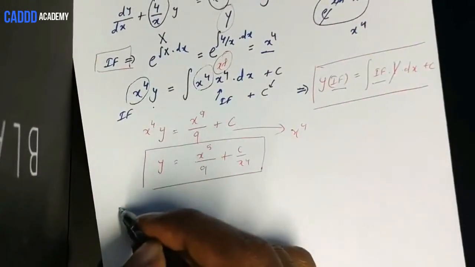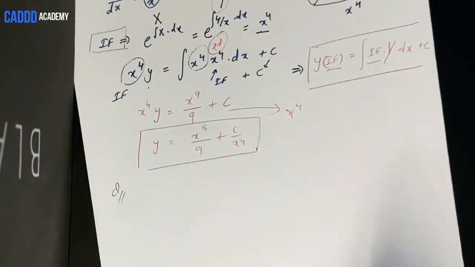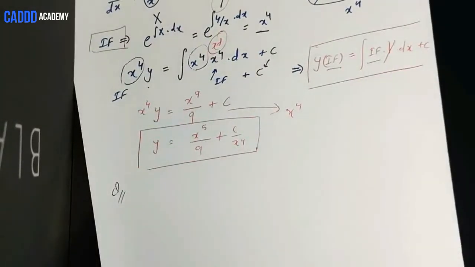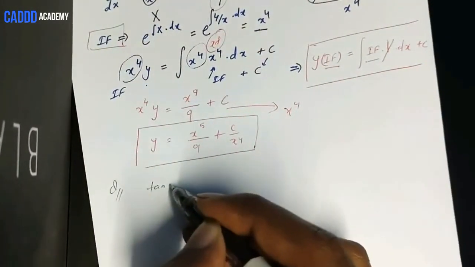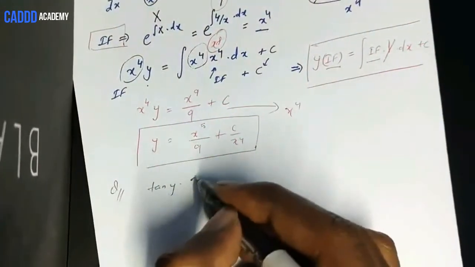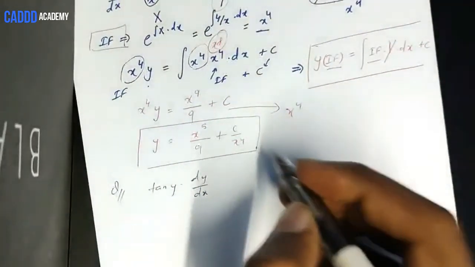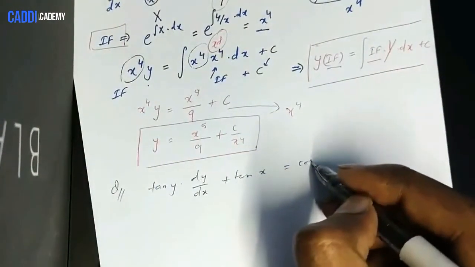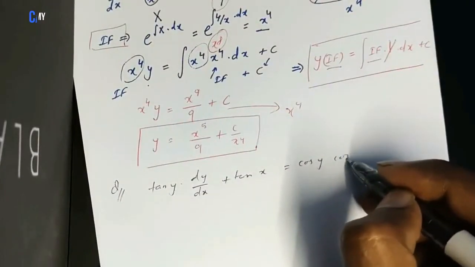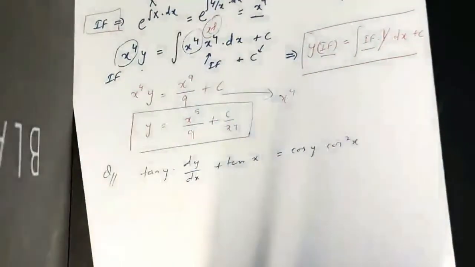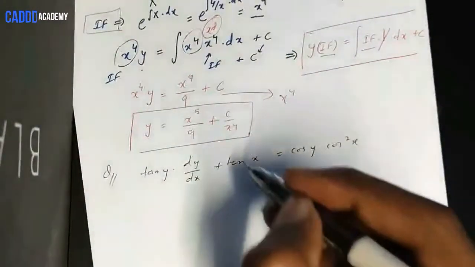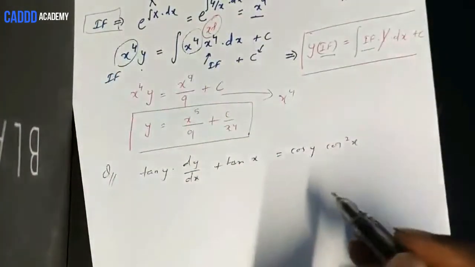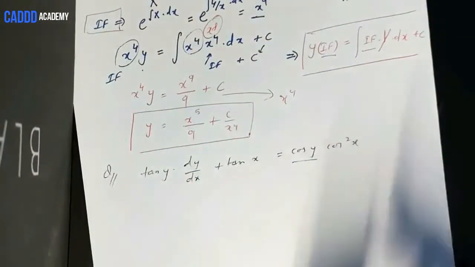Now taking another differential equation, which is a non-linear differential equation. So this is the equation, which is a non-linear differential equation. What will we do here is divide the whole equation by cos y.